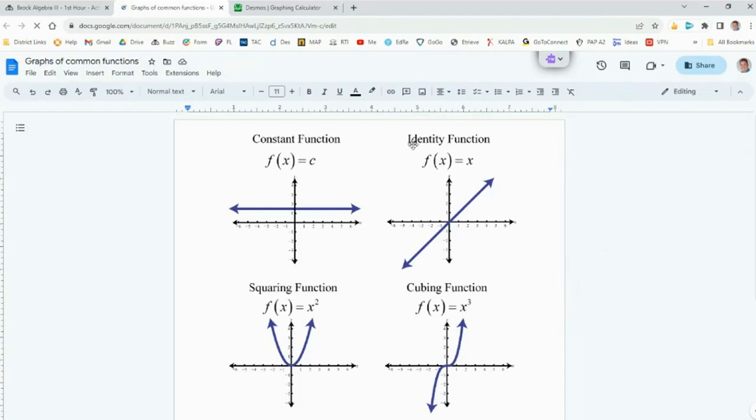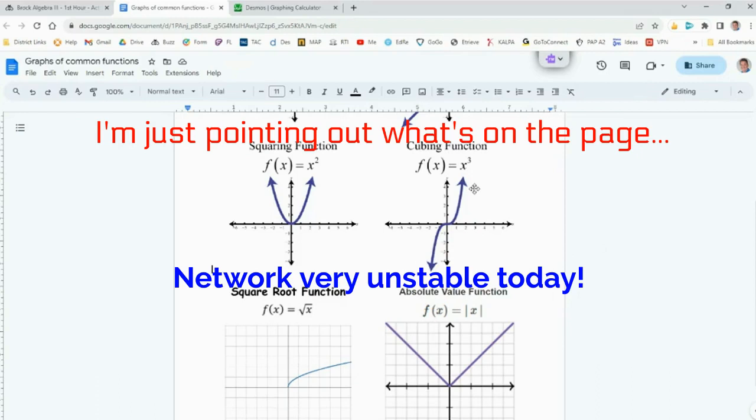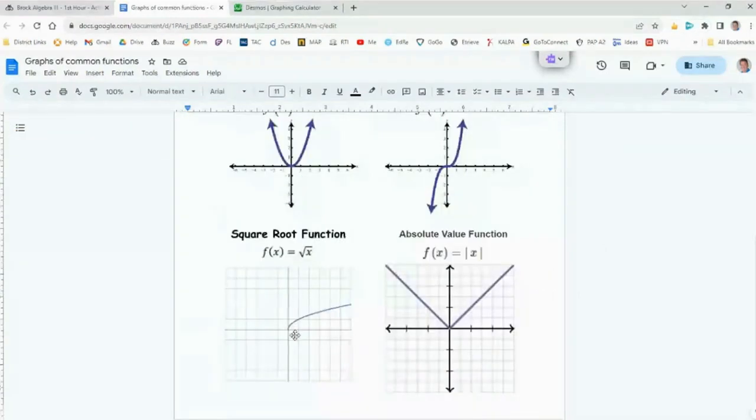That's the identity function. The square function, that's x squared, that's the parabola. The cubic function, the cubing function. And the square root function is on another line underneath there, because you can't have the square root of a negative number.